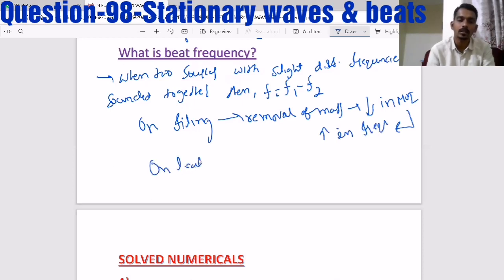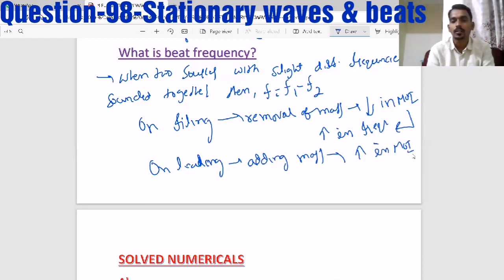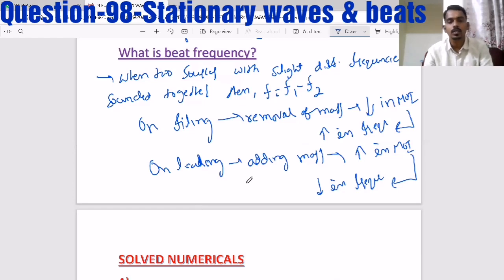Similarly, on loading, loading is nothing but adding mass. That causes an increase in moment of inertia and that causes a decrease in frequency. So this is what you need to understand. So like that the questions can come based on superposition and resonance conditions.